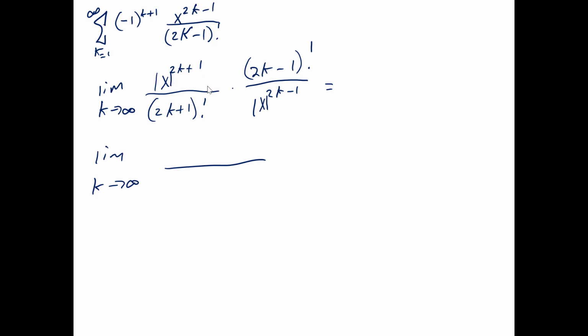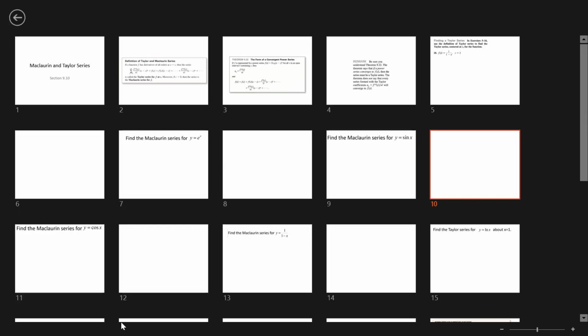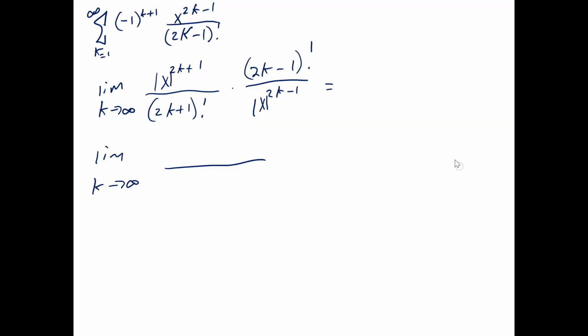Here we subtract the exponents, and 2k plus 1 minus 2k minus 1, we end up with an exponent of 2.